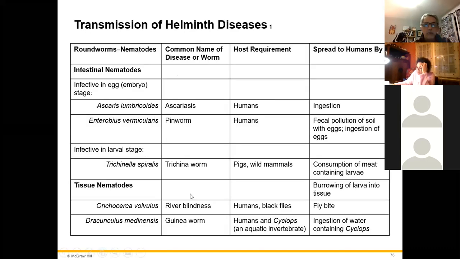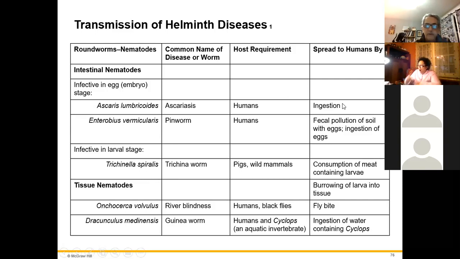So some examples of helminth disease: intestinal nematodes. They require a human host, as do these various ones.